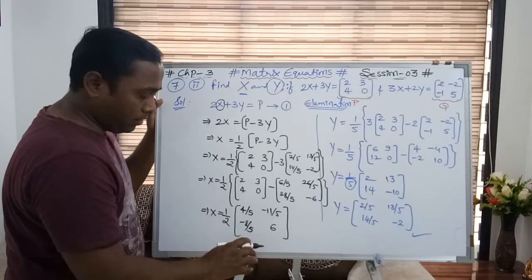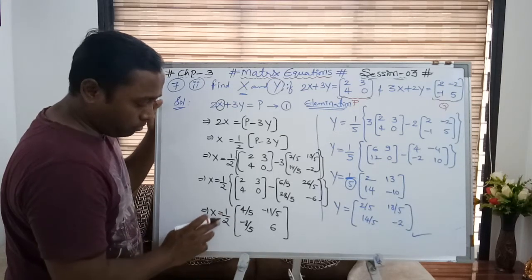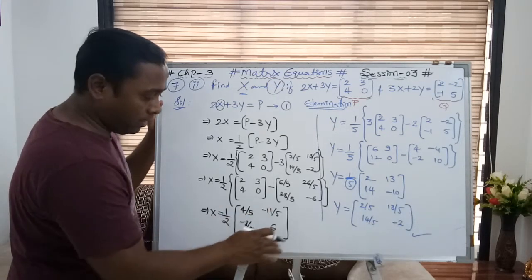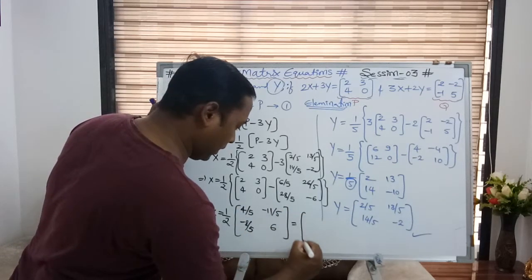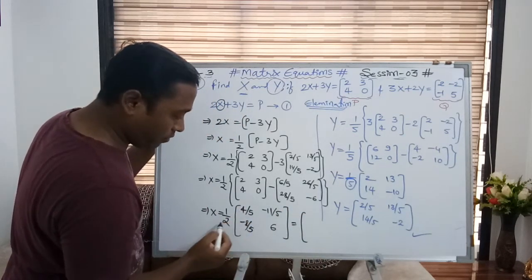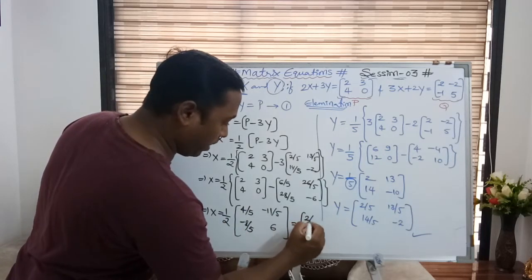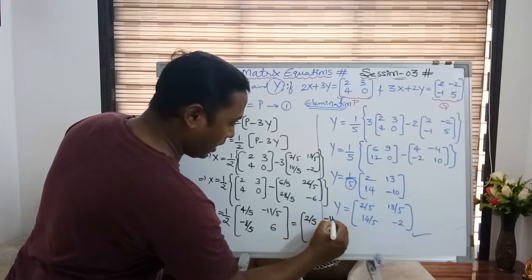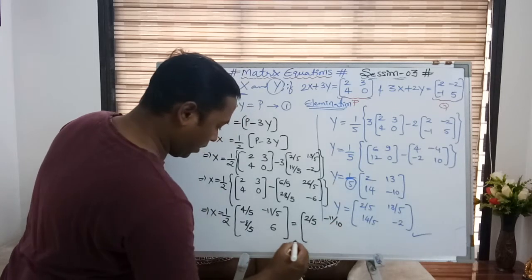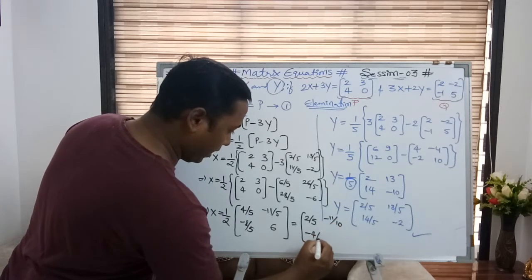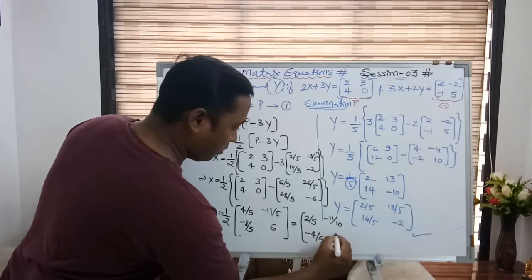Now once you do this, what's left is, you can divide the entire matrix with 2. So the final answer would be, if you divide with 2, you will get 2 by 5, minus 11 by 10, and minus 4 by 5, 3.